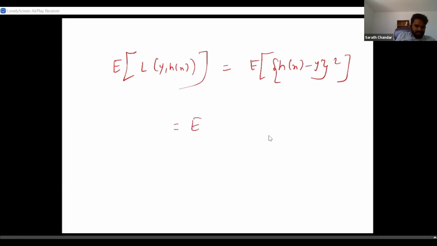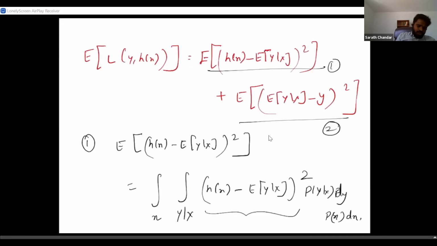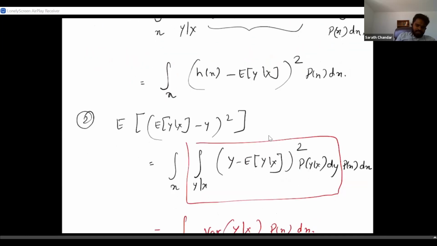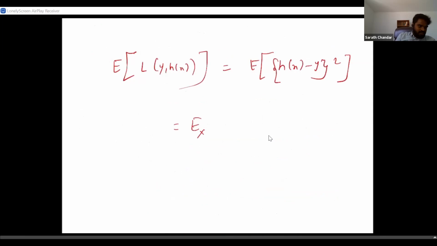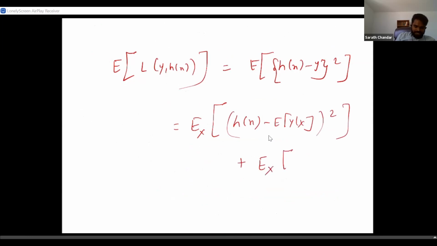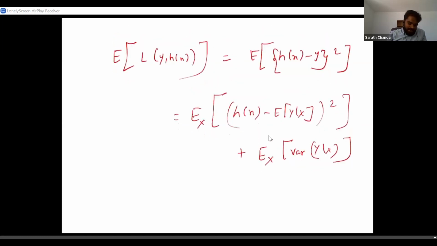Both terms are expectations with respect to x. The first term is the expectation with respect to x of (h(x) minus E[y|x])^2, plus the second term, the expectation with respect to x of the variance of y given x. Now you can see that we have this second term.